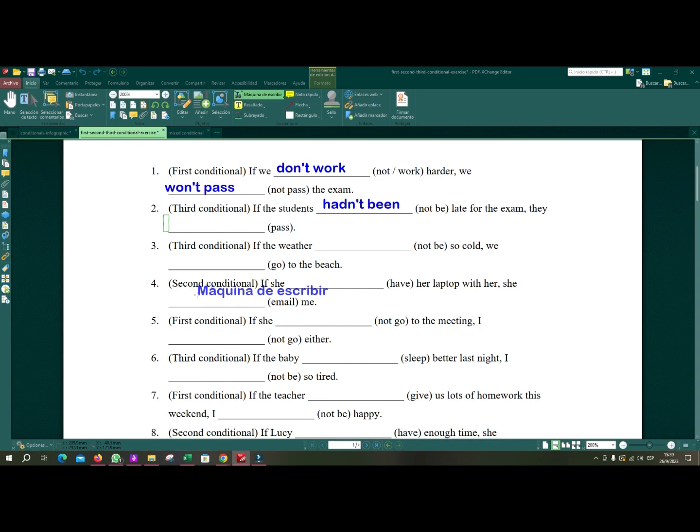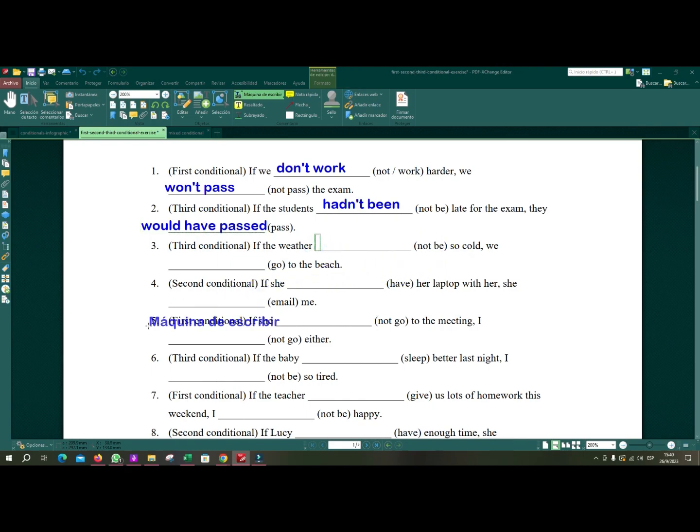Yes, Mr. Mario? They hadn't passed. Would, remember the third conditional, would have passed, right? Would have passed in that case, right? So if the students hadn't been late for the exam, they would have passed. Okay, so that would be Mr. Mario. Thank you.